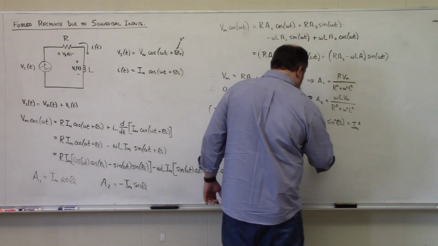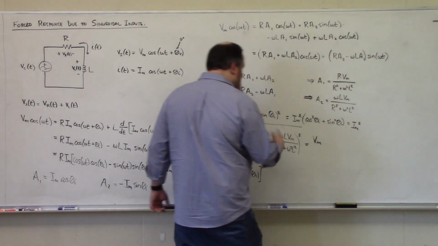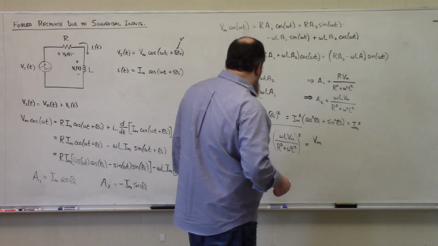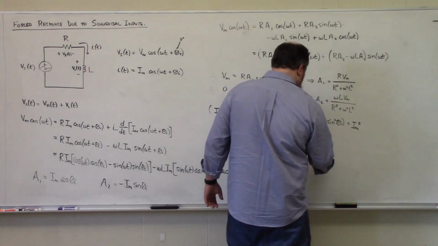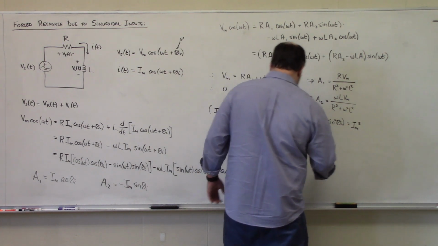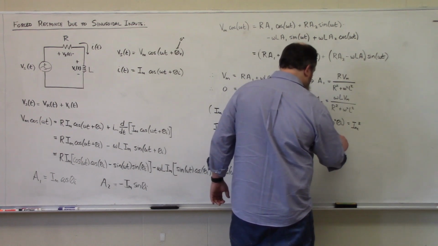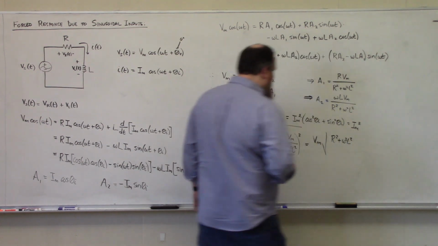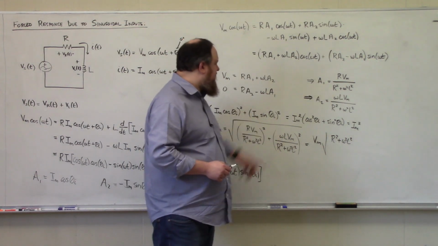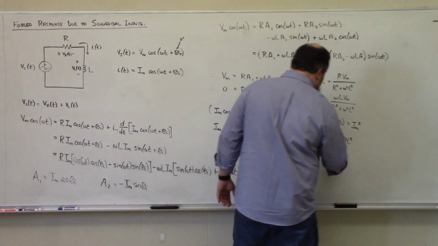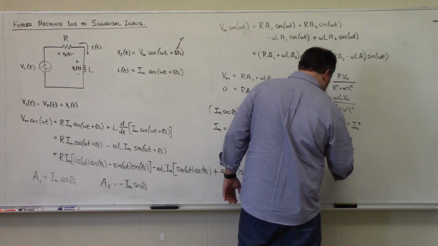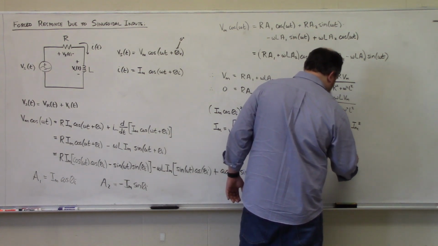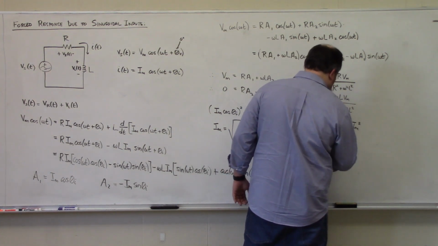The square root of that gives us Vm. R squared plus omega squared L squared from squaring these numerator terms divided by R squared plus omega squared L squared quantity squared.